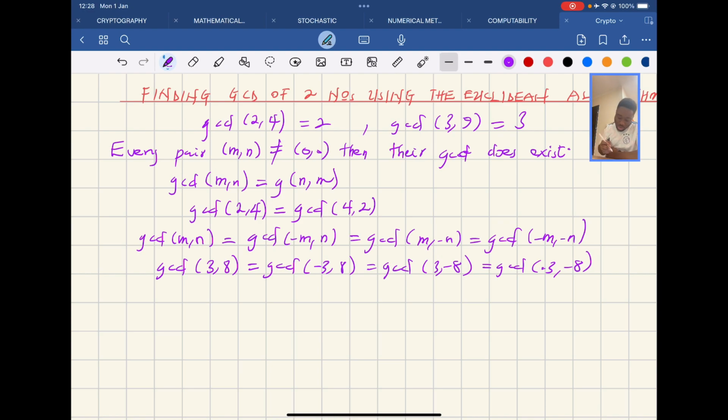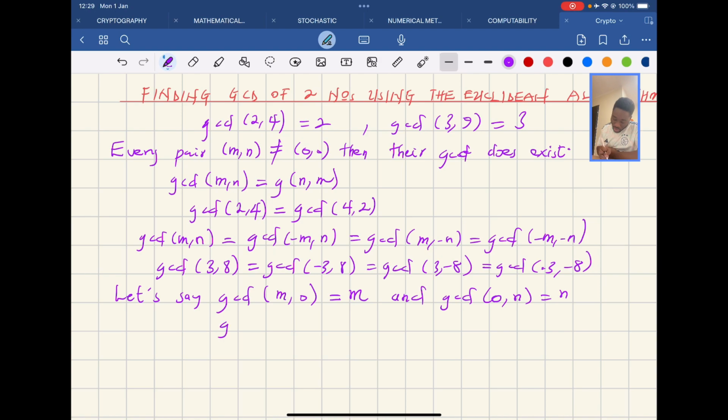Now you have to note, if you are given, let's say, the GCD of m and 0, the GCD of m and 0 is equal to m, and the GCD of 0 and n will always be equal to n.